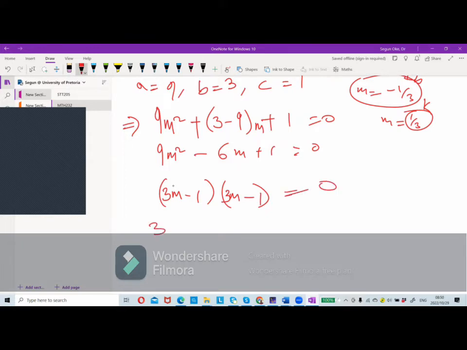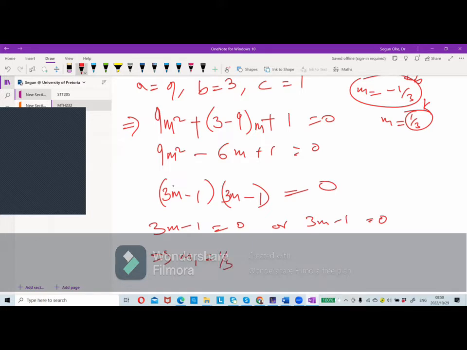So we now have 3m minus 1 equals 0, or 3m minus 1 is also equals 0. So our m1 equals 1 over 3, because the minus 1 moves to this side, positive.